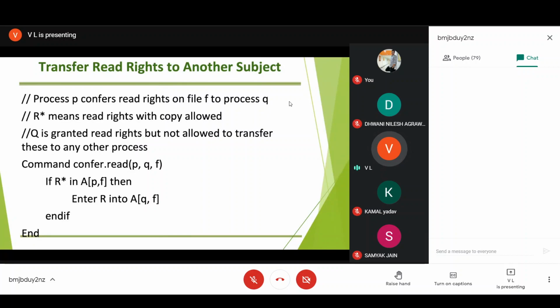When process P revokes the right from process Q, any right which process Q has passed on to other processes may or may not be revoked depending upon the security policy. Okay. So R star means rights which are allowed to be transferred, so the process can transfer the rights to another process.